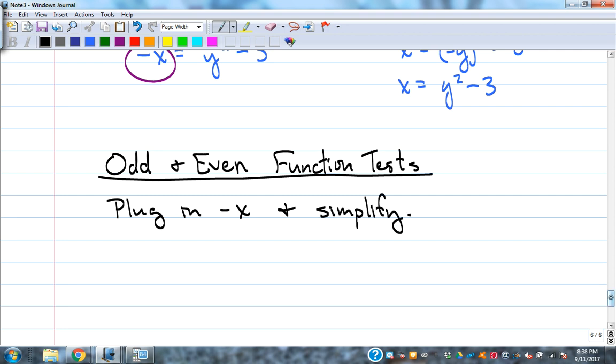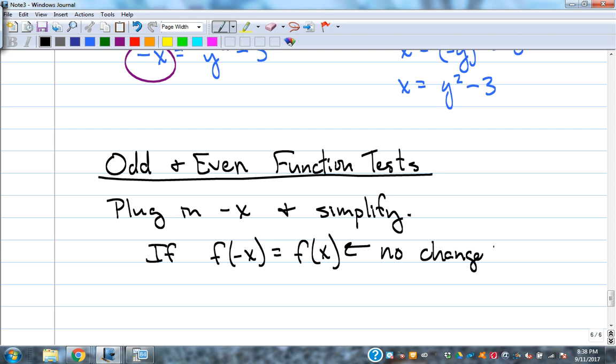That's the test. Same as for y-axis symmetry. The only difference is you're dealing with functions. If f of negative x is the same as the original, there's no change from the original. That's what that notation says. Then it's even.